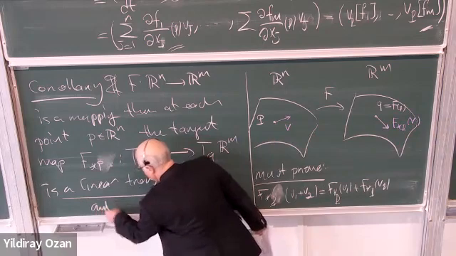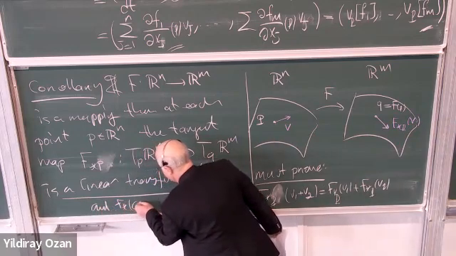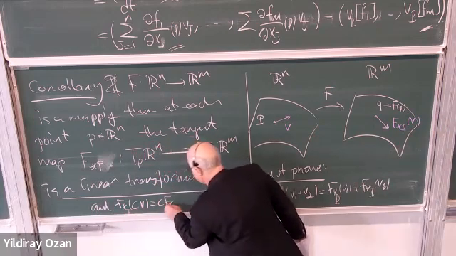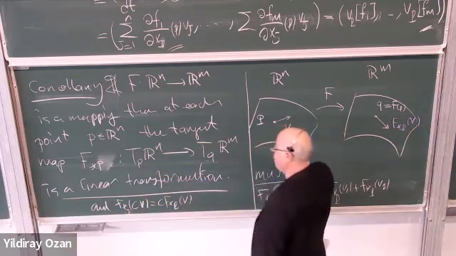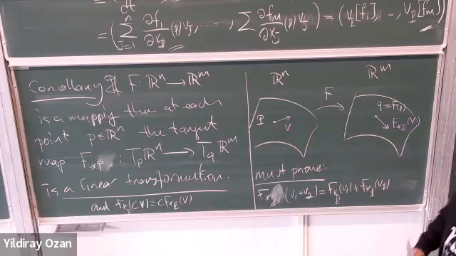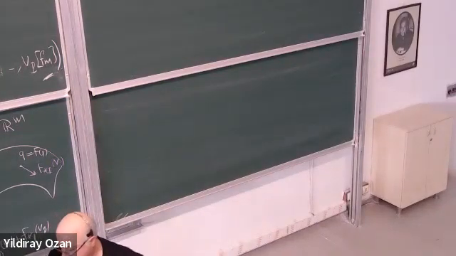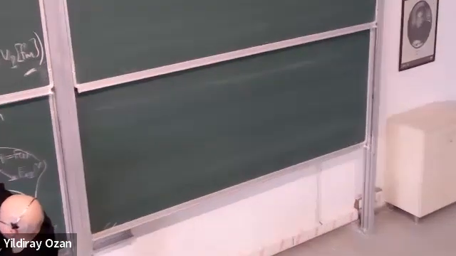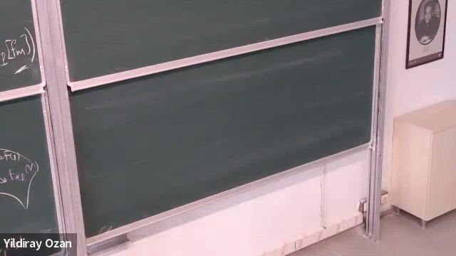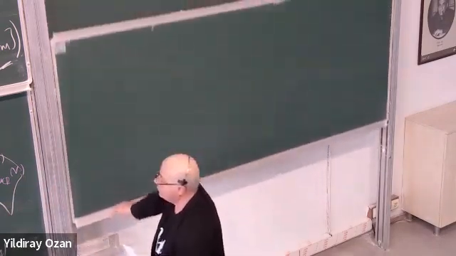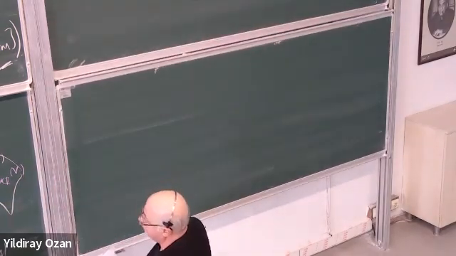And I have to prove this: F star at P of C times V is just C times F star at P of V. And that's not a big deal. Why is that? Well, we already computed this expression, right?